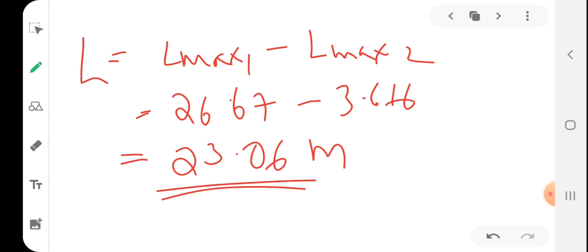This will be the length of the pipe if the flow is Fanno. This is how we find the length of the pipe: if the Mach numbers of two sections are given, find the maximum possible length corresponding to both Mach numbers, and the difference will be the length of the pipe.